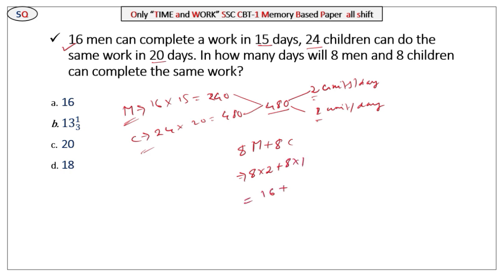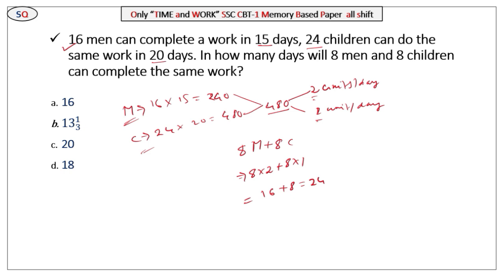So 16 plus 8 equals how much? 24. Now we have to find in how many days 8 men and 8 children can complete the same work.